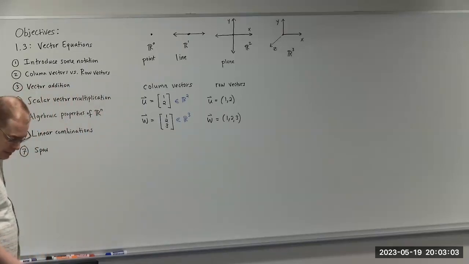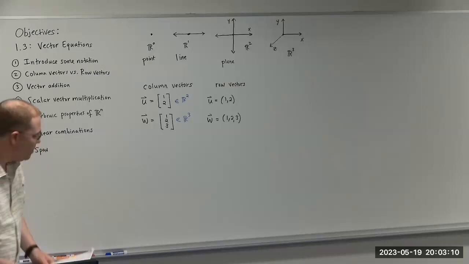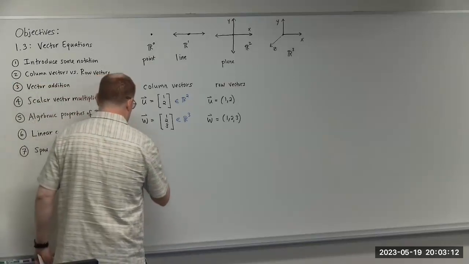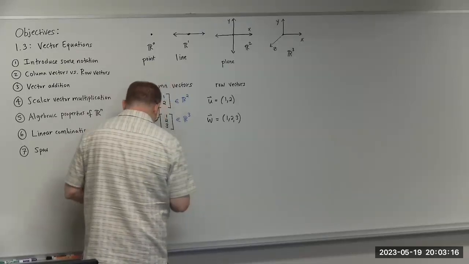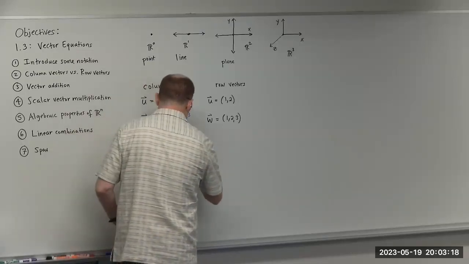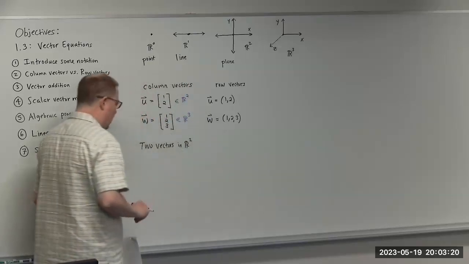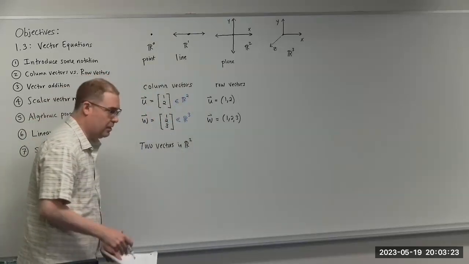So, an important statement here. Two vectors, and let's assume that we're in R2, so basically we're in the plane.